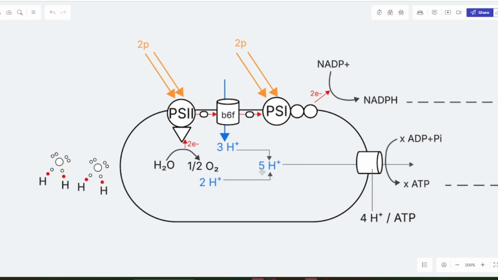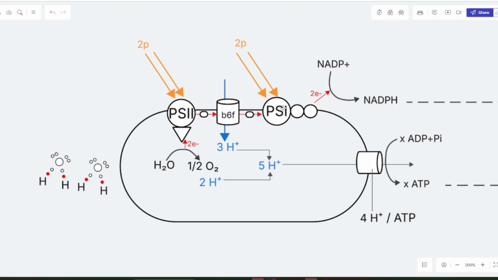And you can imagine, as you keep running this, the inside becomes increasingly positively charged, and these protons want to get out. So they're going to be getting out through ATP synthase. But let's, for now, continue on the journey of the electrons. The electrons have now given up a fair bit of their energy to accomplish this pumping of protons against a gradient, and they are now at a lower energy state, and they're going to need to get excited once more by photons, and that's going to take place in photosystem 1.